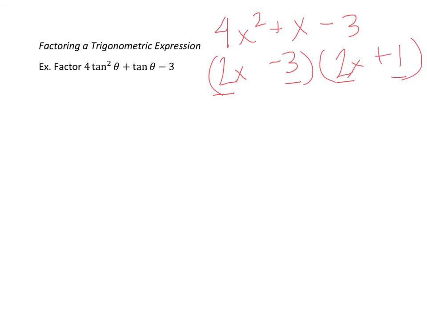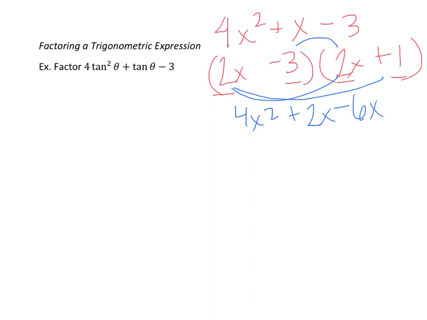Then I have to check and see if I get the correct middle term. 2x times 2x, yes, I get 4x squared. 2x times 1 plus 2x times negative 3 gives me negative 6x, and then negative 3. So did my middle term turn out? No. So I'm going to try 4x and x, and think a little bit ahead before I make my next decision.